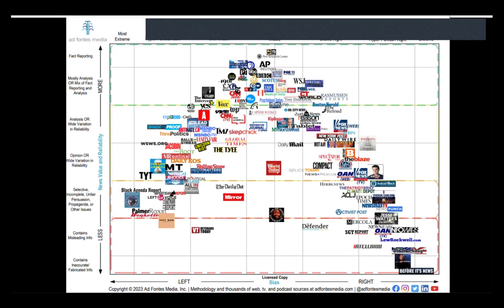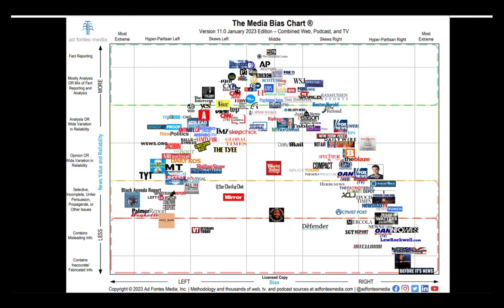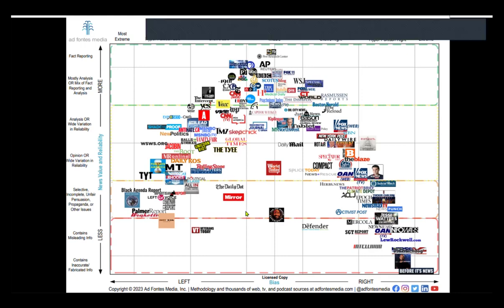What I don't think it negates is what this particular bias chart does, or what any bias chart does, as long as it's done as scrupulously as this particular one is, because I think it's very helpful for a number of reasons to know whether the sources that we're using are changing the way we're viewing the world.